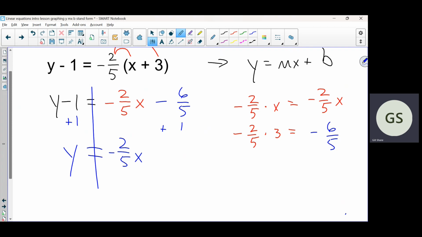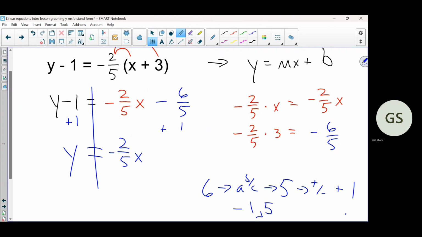So I'll just tell you: you hit 6, then A, B, C, then you put in your 5, then your negative, and then you just say +1. You should get something on your calculator that looks like -1, negative and then 1 backwards L 5.